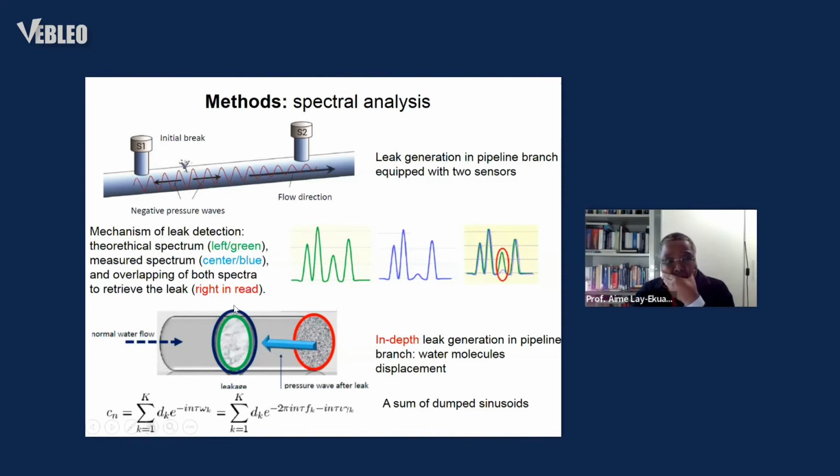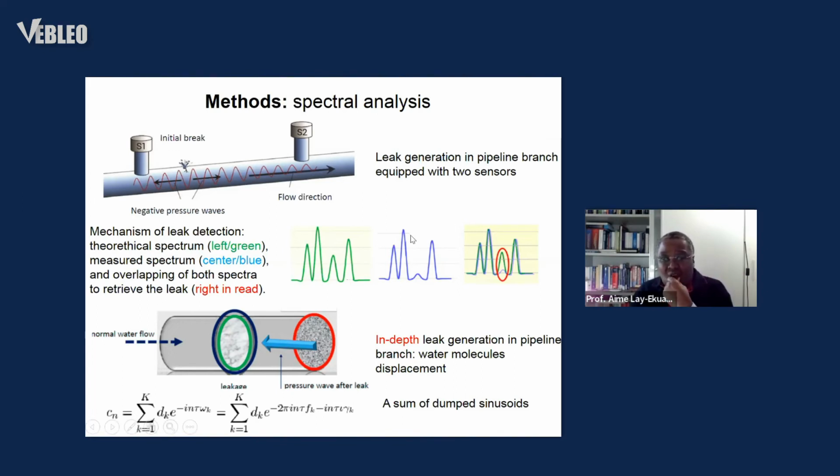Okay, so the idea is to make a comparison between the normal flow direction, the normal amount of the flow within the pipe, and this disturbance, a sudden variation of the pressure within the pipe. So you can see here, this is a theoretical spectrum we expect.